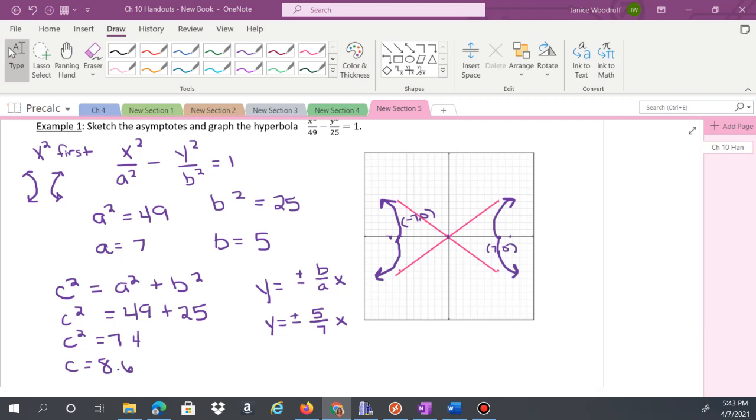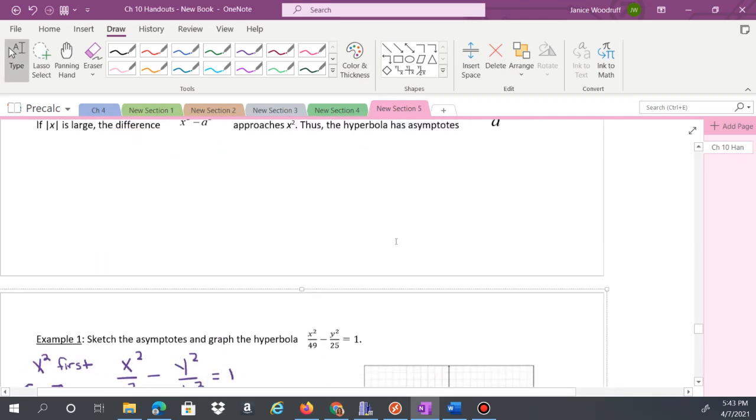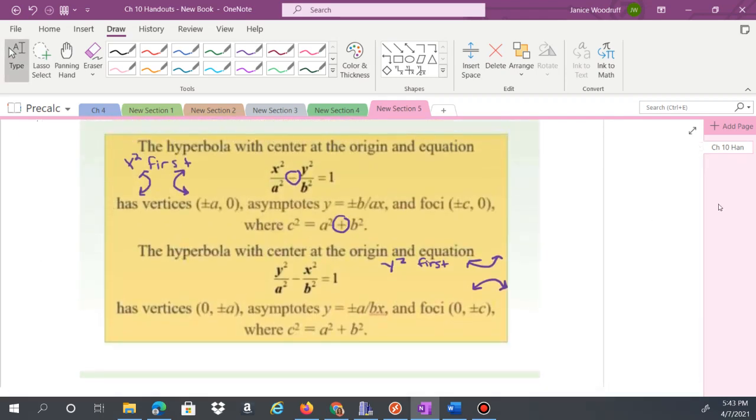Okay, let's take a look at another one. Now, this one introduces a different center, because it's not plus 0. So just to go back up to our formulas here, if the center is not at the origin, you're just going to have this.